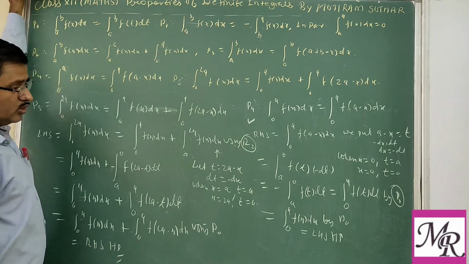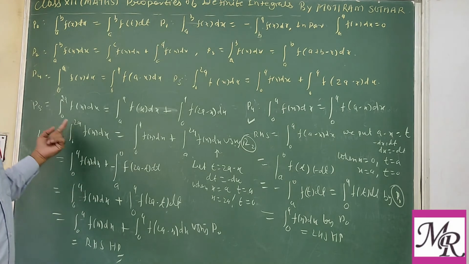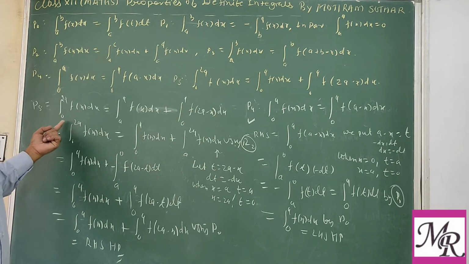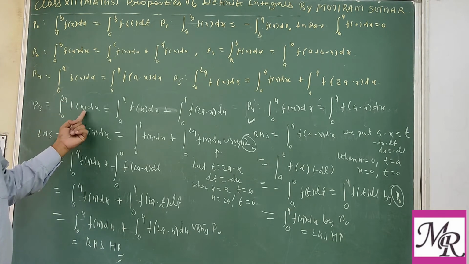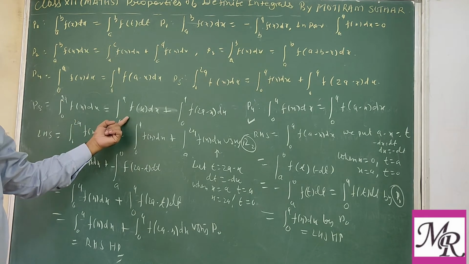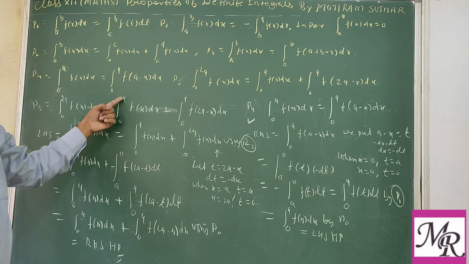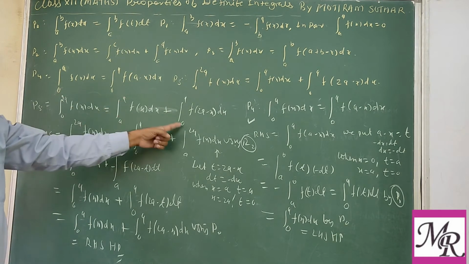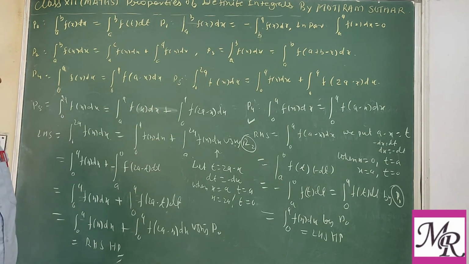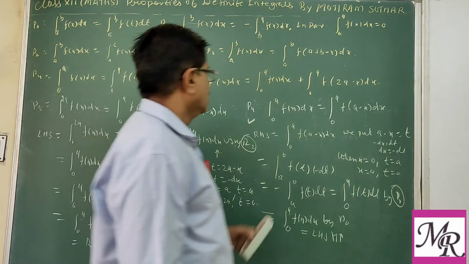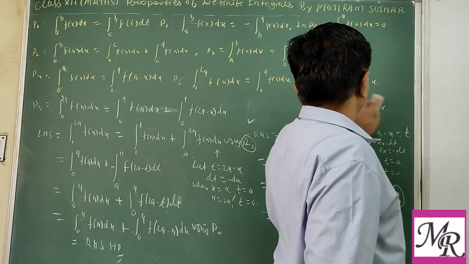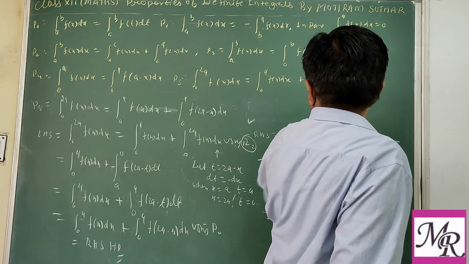In this way you can prove that the integral from 0 to 2a of f(x) dx can be broken into easy limits. Here we are changing the limits 2a to a and 0 to a, so that the function will be solved. So this is also a very important property, P5.